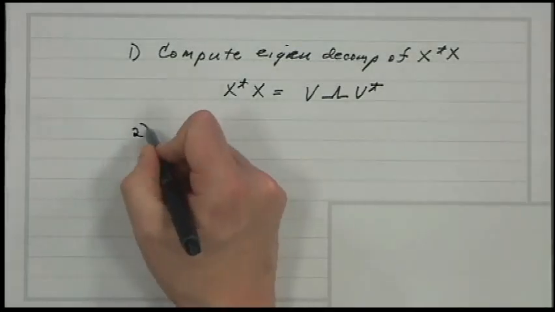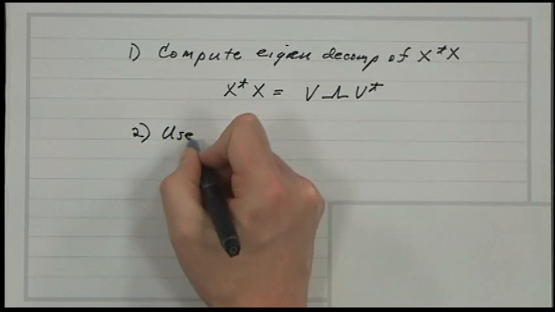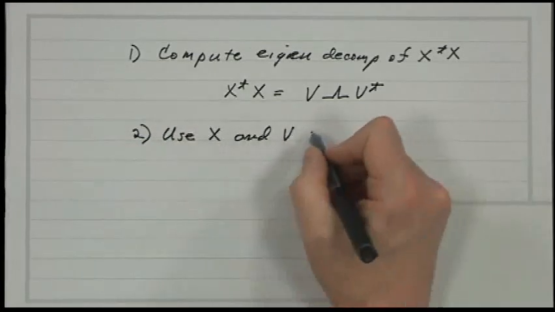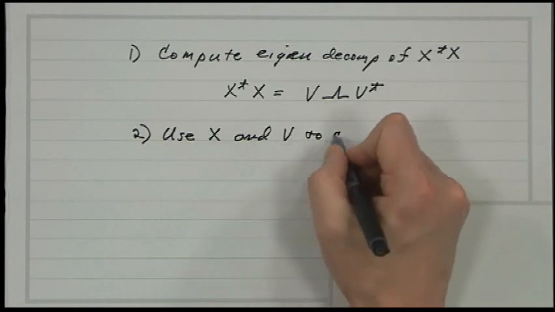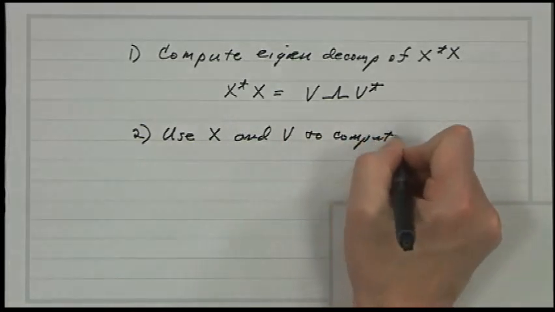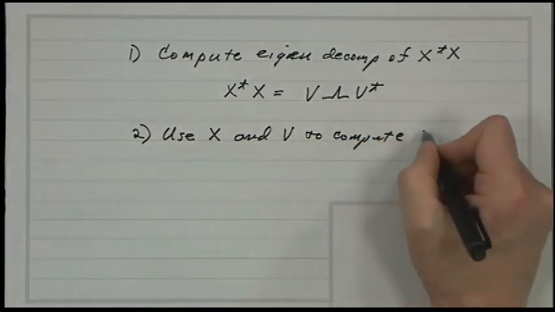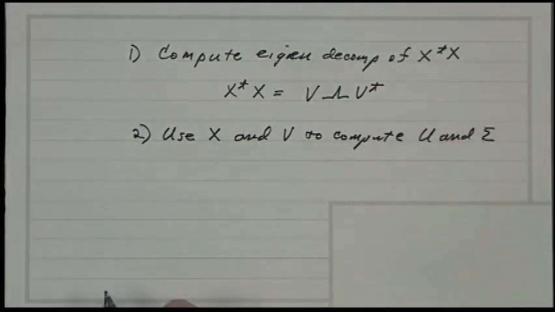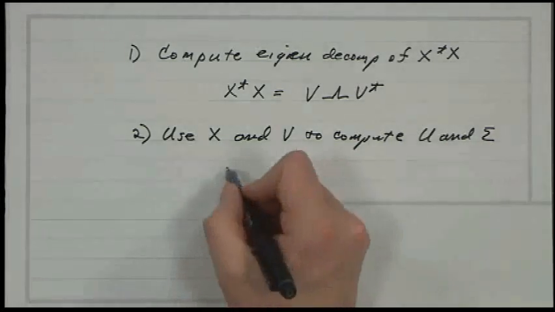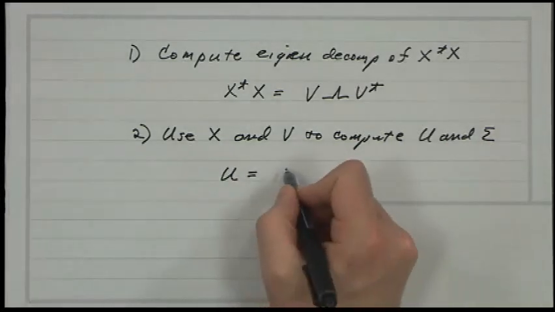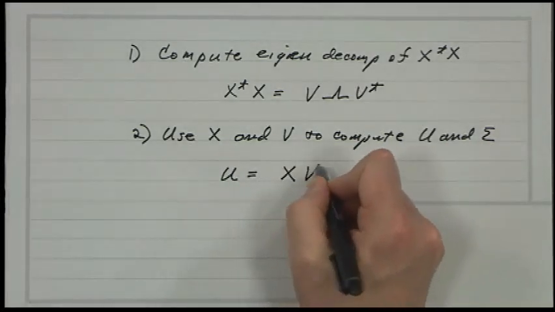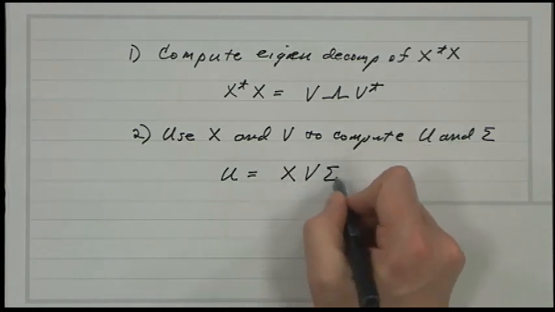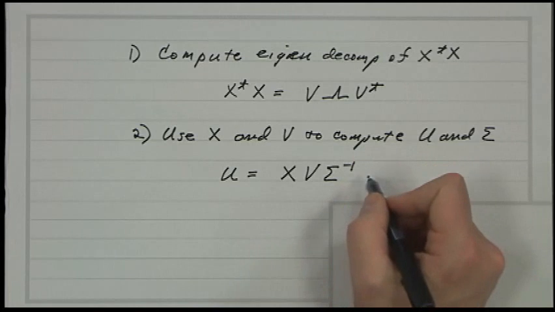Step 2, use X and V to compute U and sigma. How do you do that? First you get that U equals X V times sigma inverse.